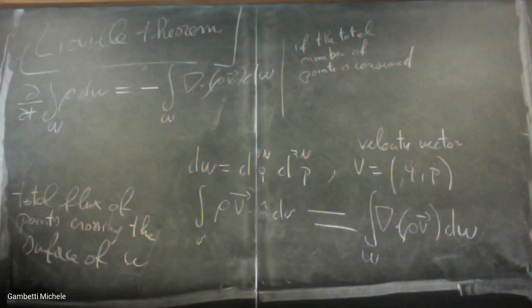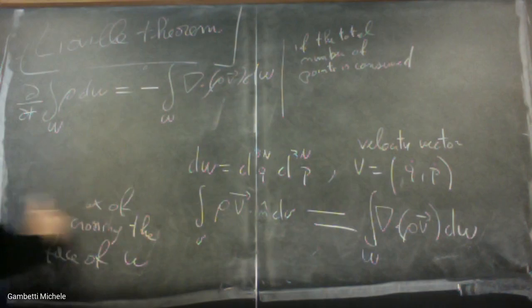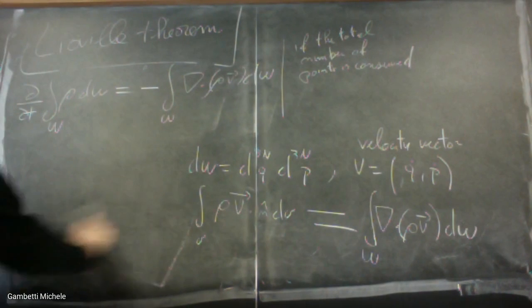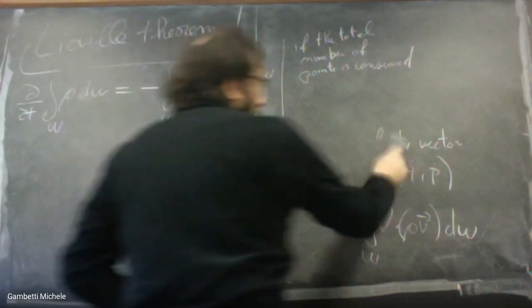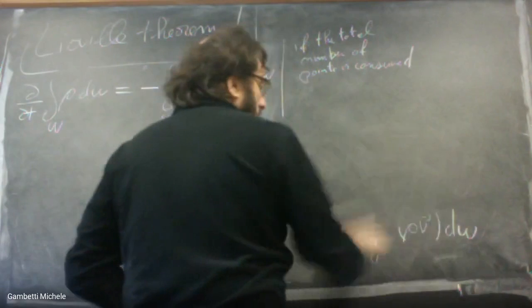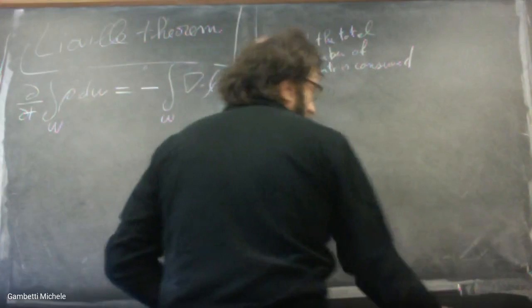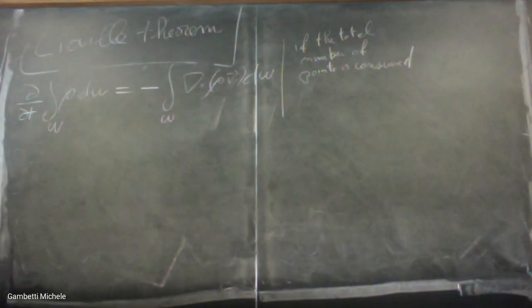I will come to this point in a moment, okay? So basically, under this equation, what I'm saying is that inside this volume omega, the total number of points is not changing as a function of time, okay?